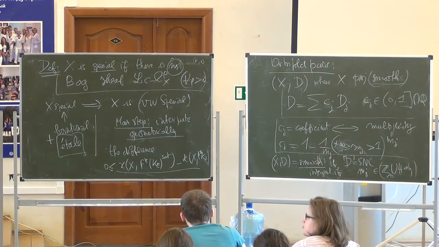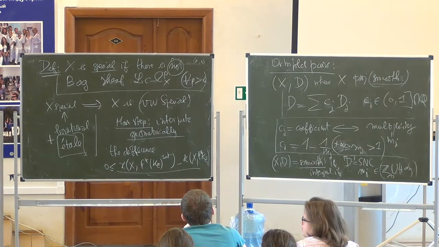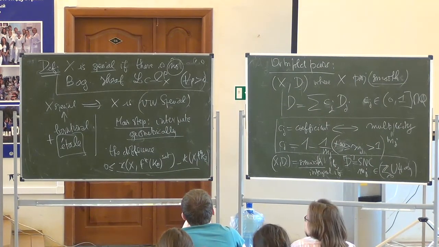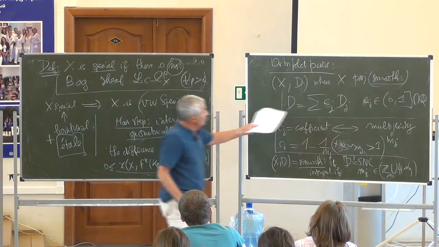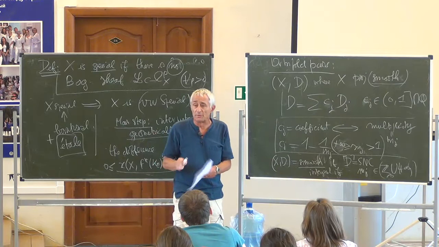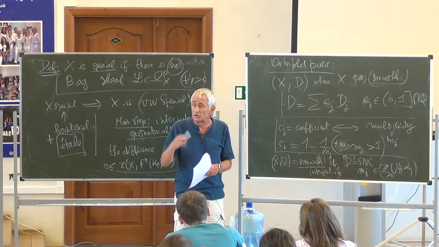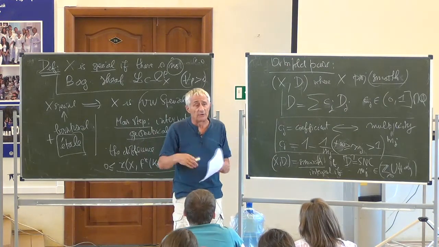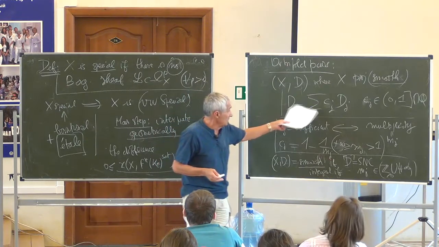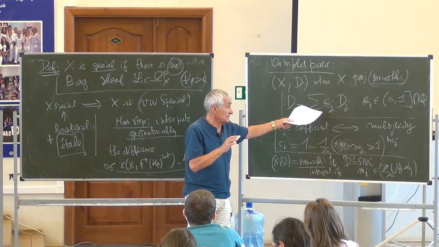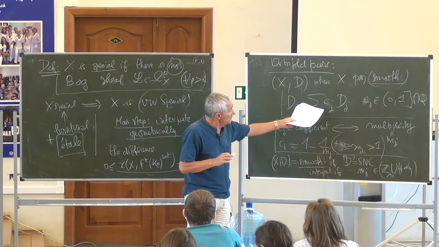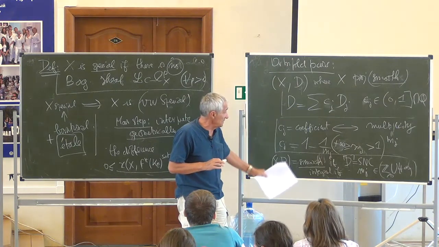Now, associated to this kind of objects, you can do much geometry. In particular, you can define a cotangent bundle and jet differentials and many things on the differential geometric side, but you can also introduce other invariants.